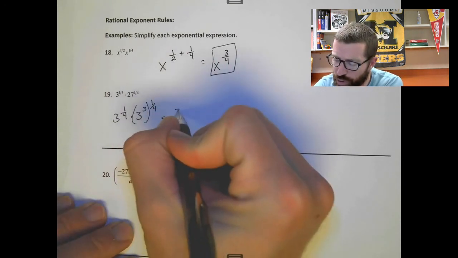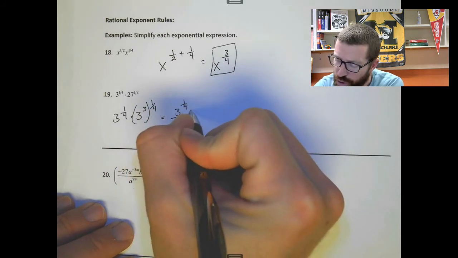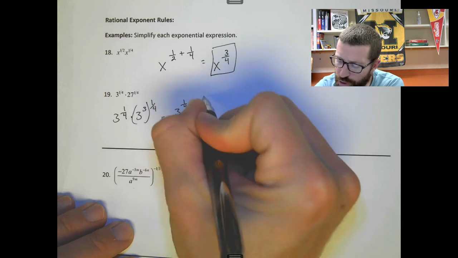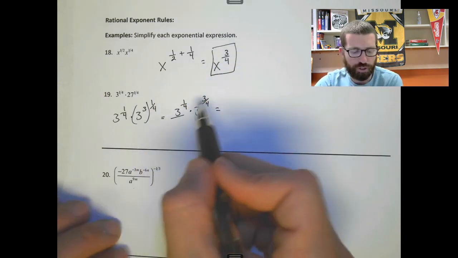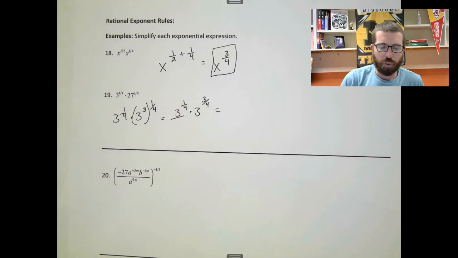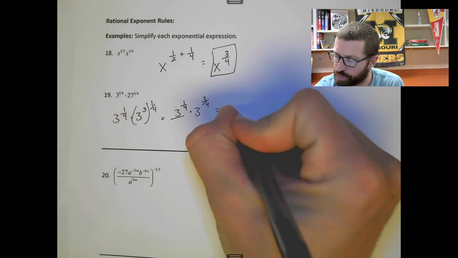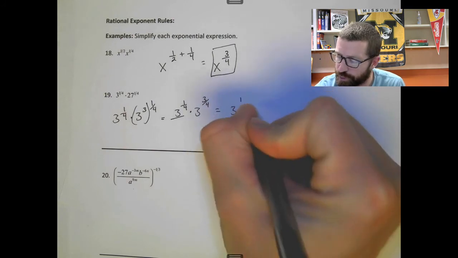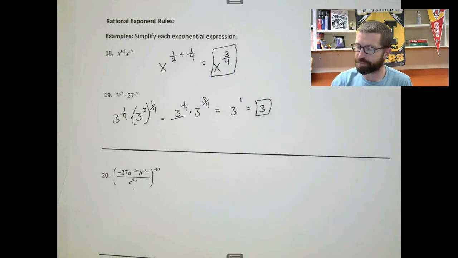So that's 3 to the 1/4 times 3 to the 3/4. And then now I can add exponents, and 1/4 plus 3/4 is just 1. And so that's just 3.